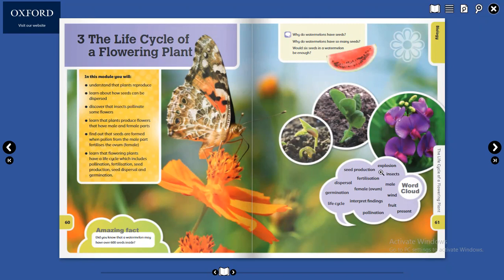Germination. Interpret findings. Life cycle.